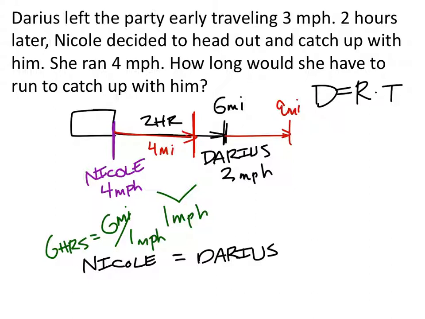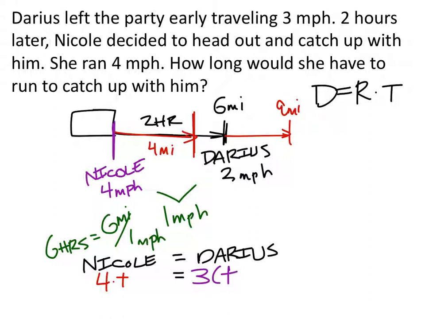Nicole, we know her rate is 4 miles per hour, and we'll multiply that by the amount of time it will take. I guess we don't know how much time it's going to take, right? How long she'll have to travel. And Darius is traveling at 3 miles per hour.